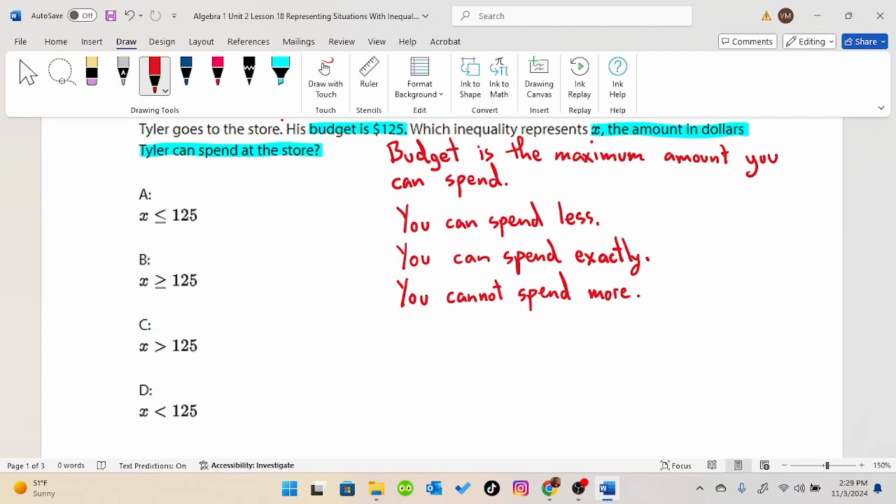So anytime you see this word budget, you are going to use a less than or equal to symbol.